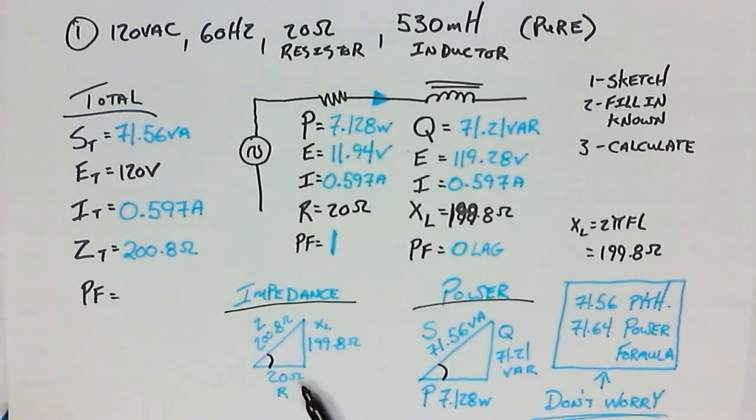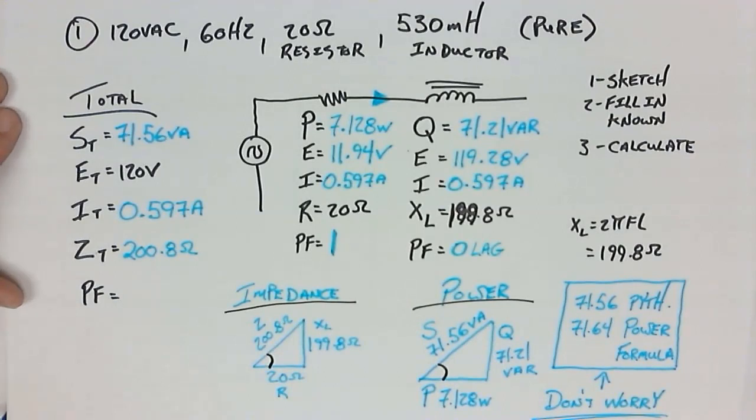The wonderful thing about using triangles in Pythagoras and trigonometry is that for the circuit, since these are totals, the ratios that are represented should be exactly the same. As in, it does not matter which of the two triangles you choose to use in order to calculate the power factor. Let me show you.